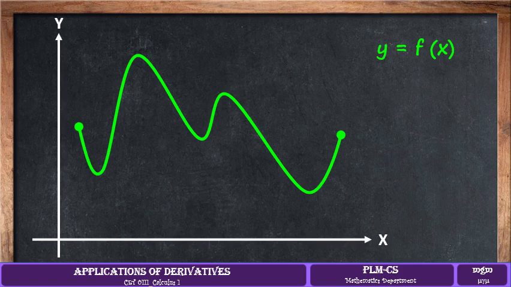So, if we go back to our graph, you would notice that there are actually two relative maxima, namely f of c sub 2 and f of c sub 4.